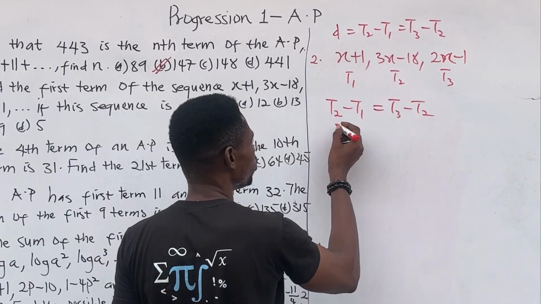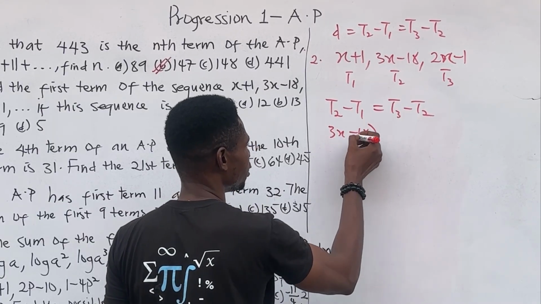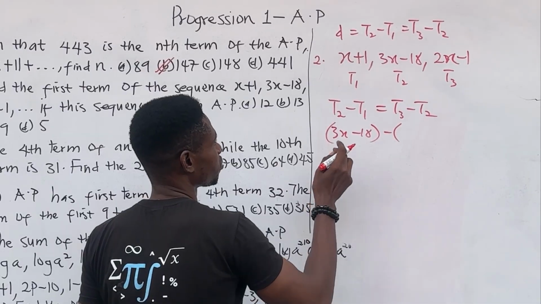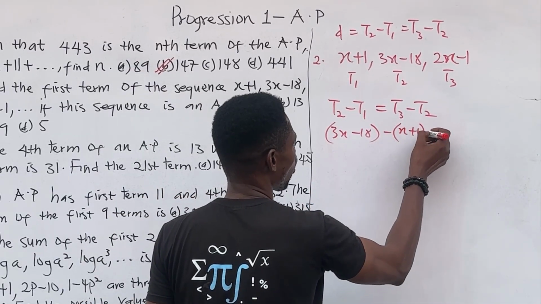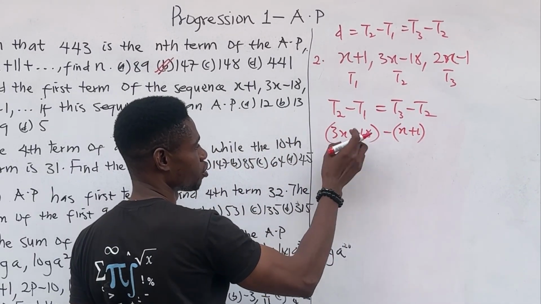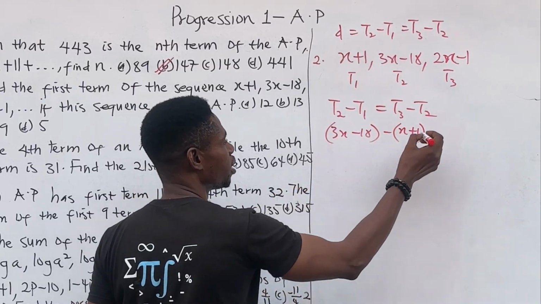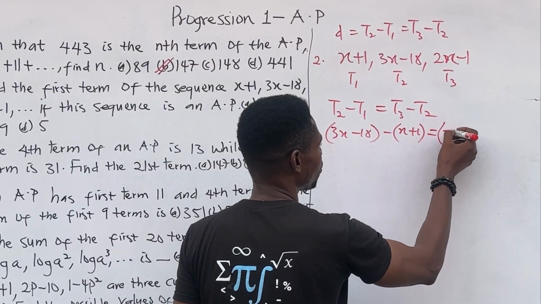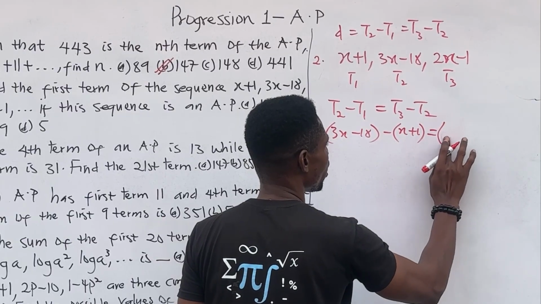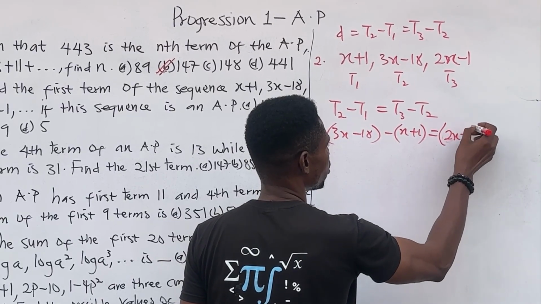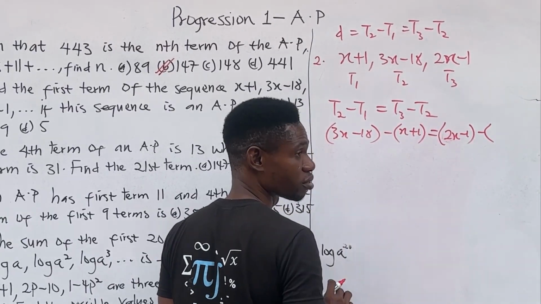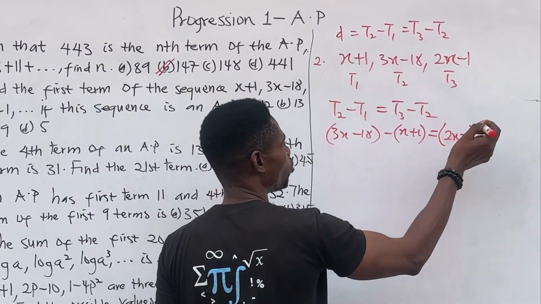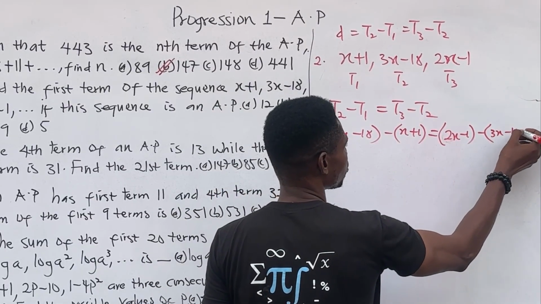So T2, which is 3x minus 18, minus T1, which is x plus 1, that's T2 minus T1, equal to T3 minus T2. So let's do that. That T3 is 2x minus 1 minus, that's T3 minus T2, which is 3x minus 18.